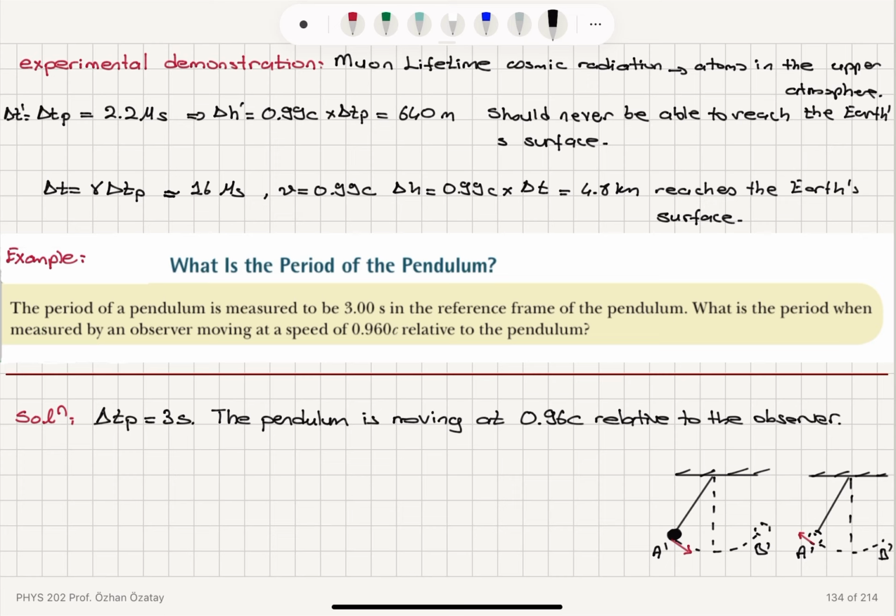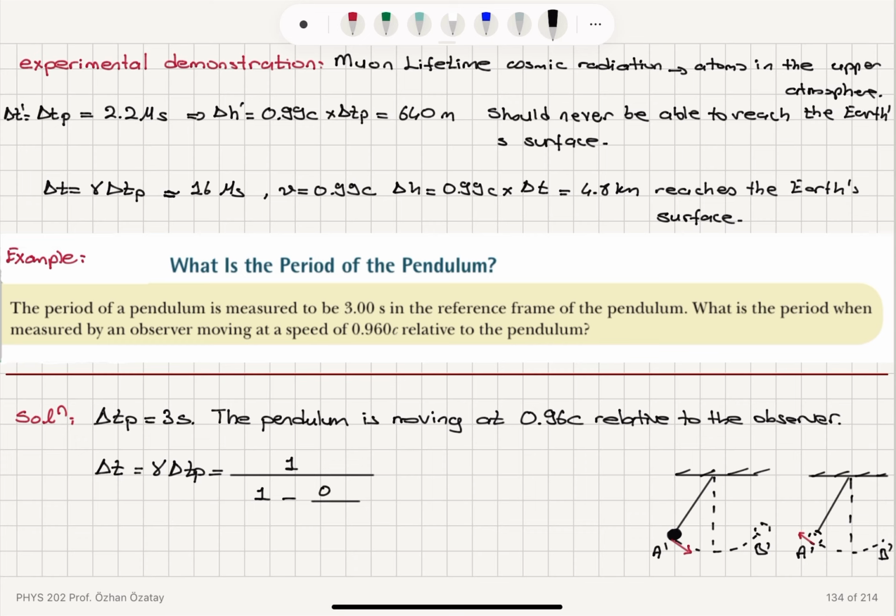So the observer at rest, that's the Earth observer, sees time dilation. So gamma times the proper time interval delta Tp. So we have to calculate this relativistic correction factor gamma, which is 1 over the square root of 1 minus v squared over c squared.